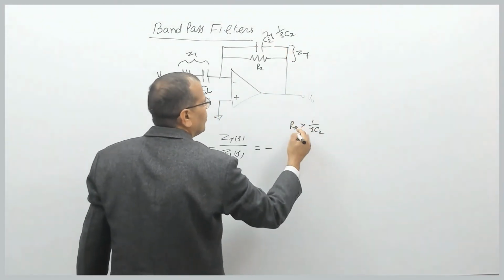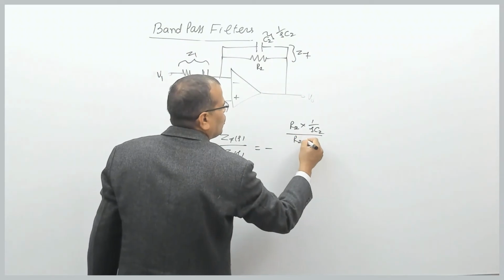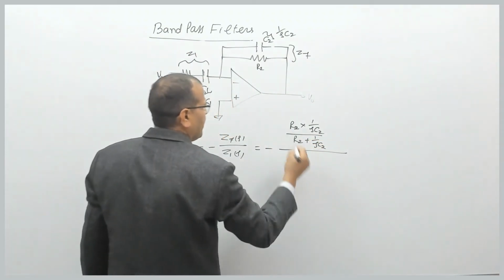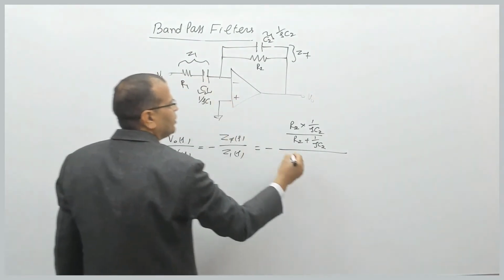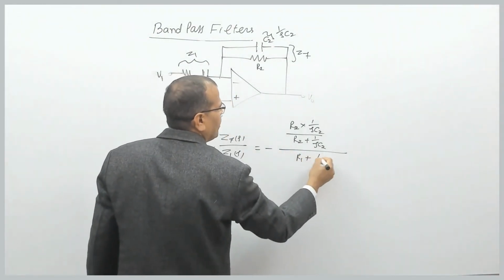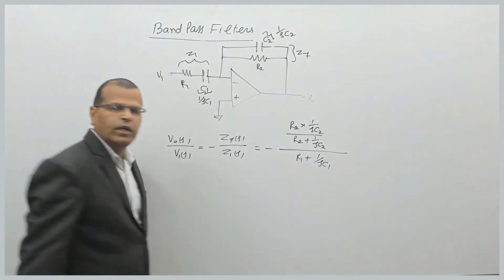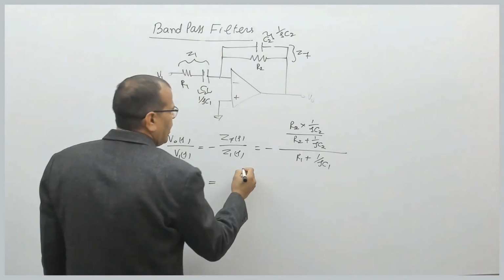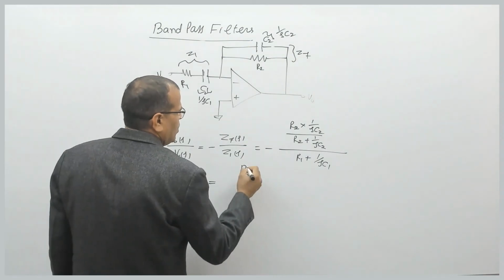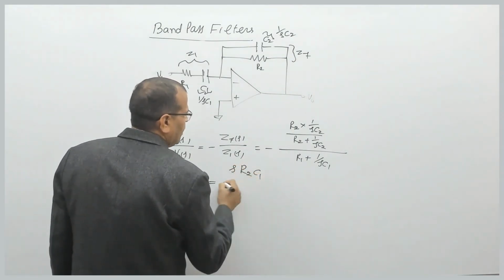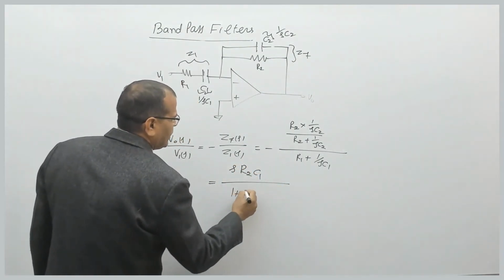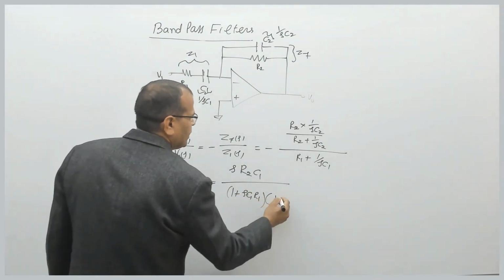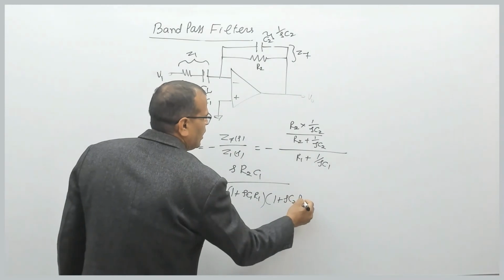So R2 into 1 by SC2, divided by R2 plus 1 by SC2, and the series combination of this is R1 plus 1 by SC1. That's it. So you can simplify it like this. You have R2 multiplied by SC1 whole divided by (1 plus SC1R1) into (1 plus SC2R2).